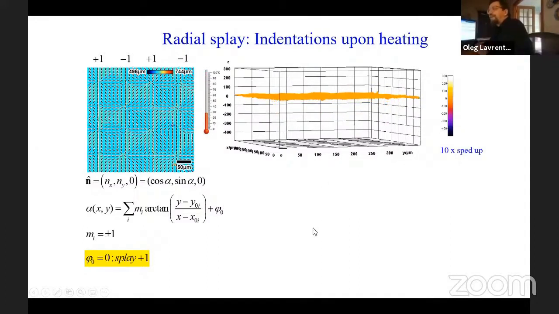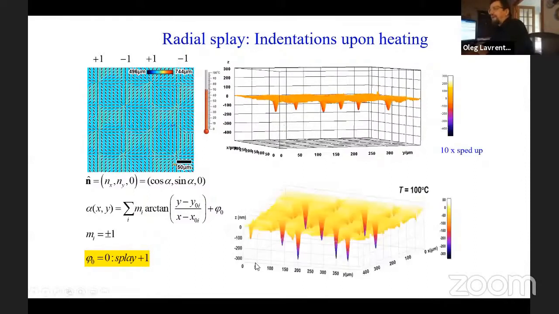You observe that the coating becomes very non-uniform in its thickness. Namely, the coating develops strong indentations, strong kind of holes in the structure. And as you play with temperature, these indentations either become deeper or the film comes back to the flat state.